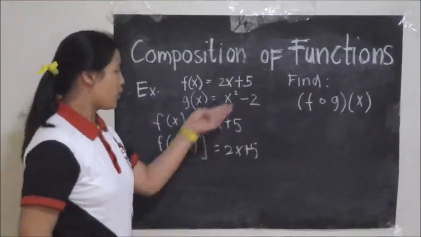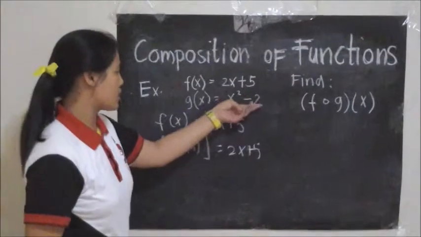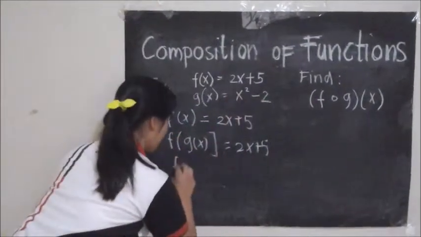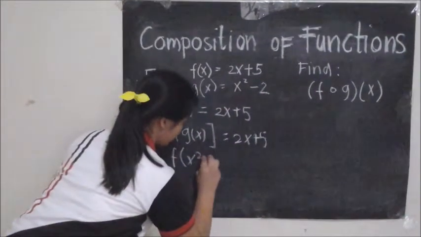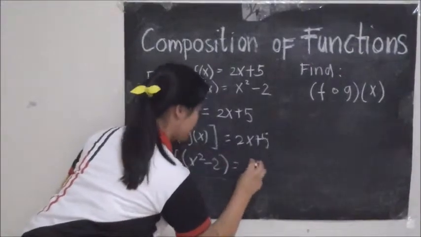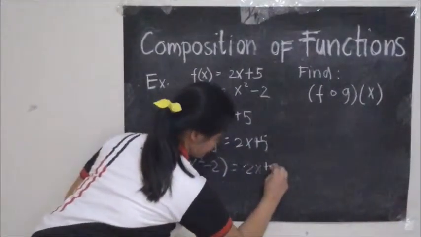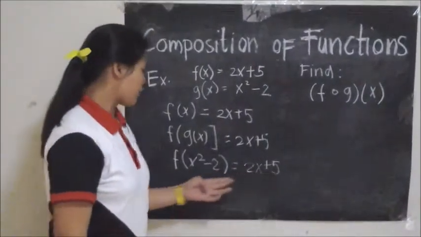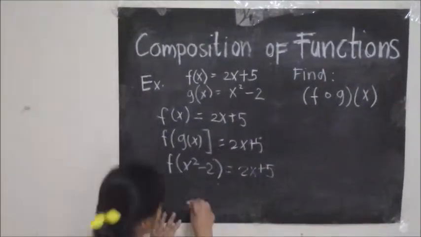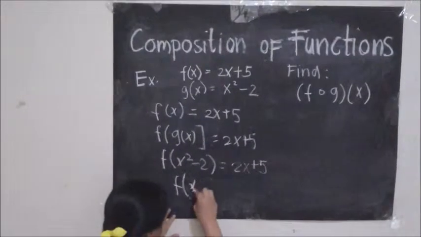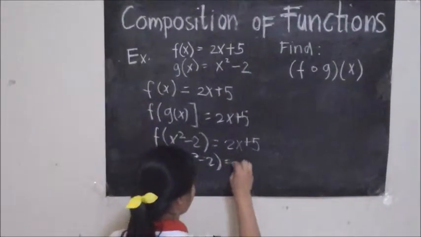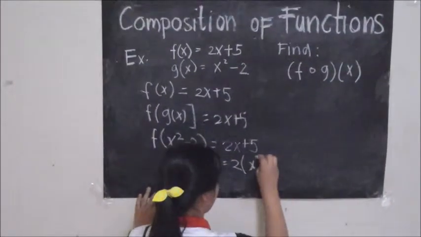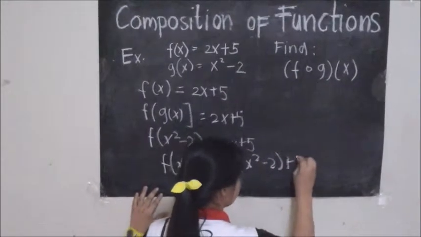g of x is equal to x squared minus 2, so we're going to substitute it here. f of x squared minus 2 is equal to 2 times (x squared minus 2) plus 5.